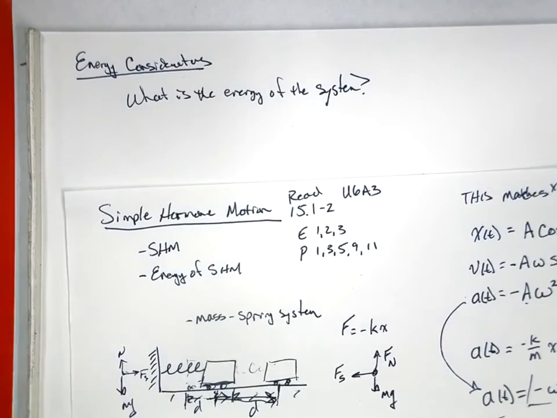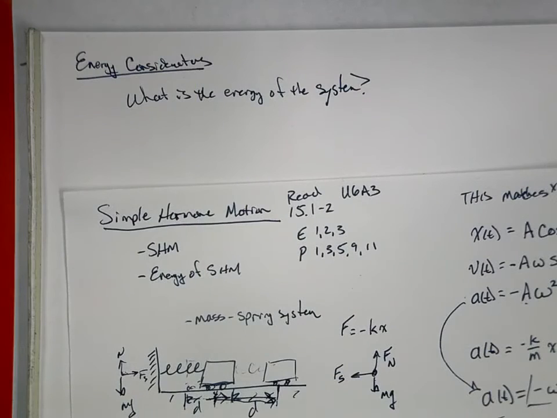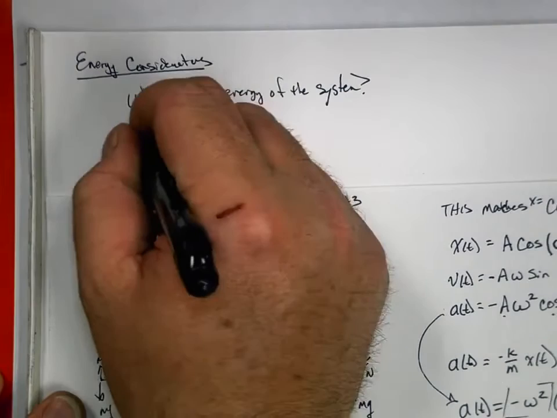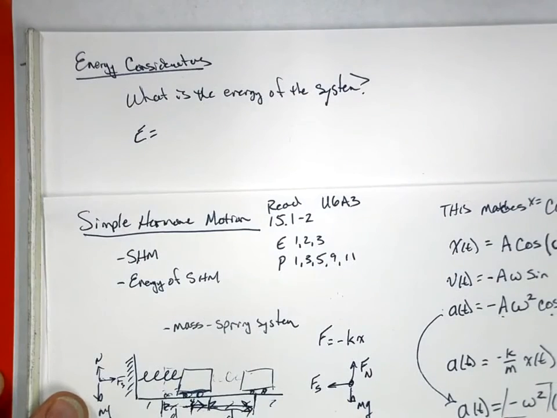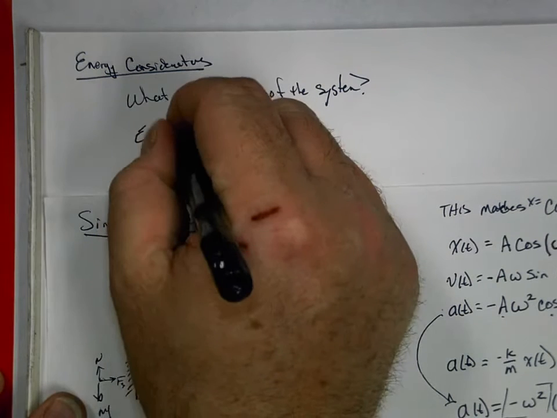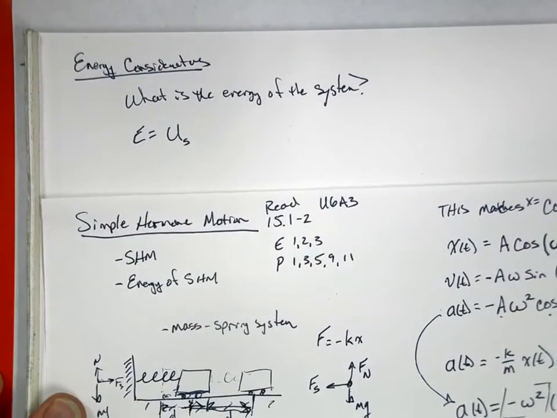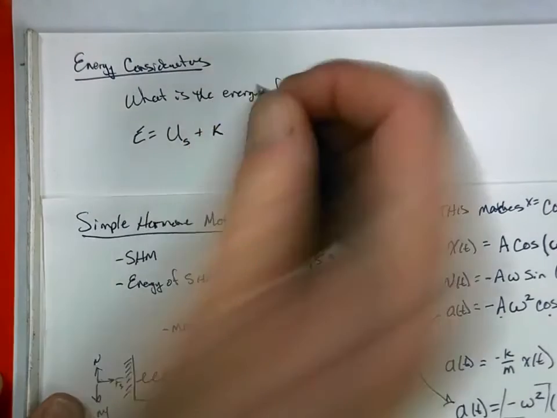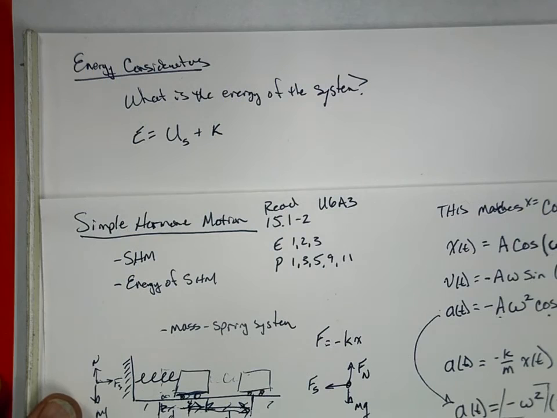So what's going to be the energy of this system? Well, the energy at any given time is the total potential plus the total kinetic, right? We have the potential energy that's stored in the spring, and we have the kinetic energy of the object that's oscillating. This is going to be the energy of the system.